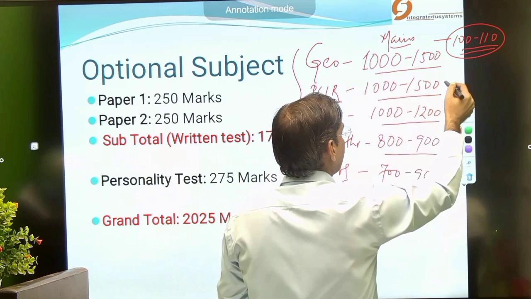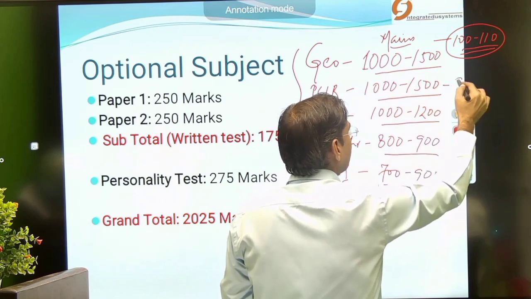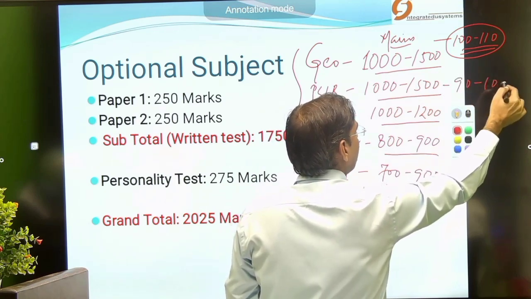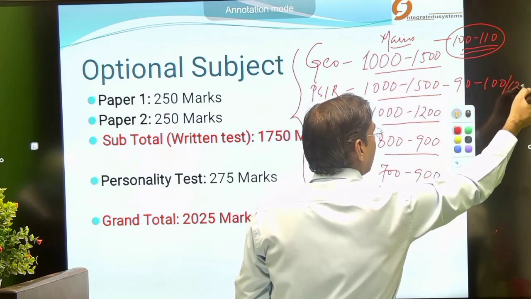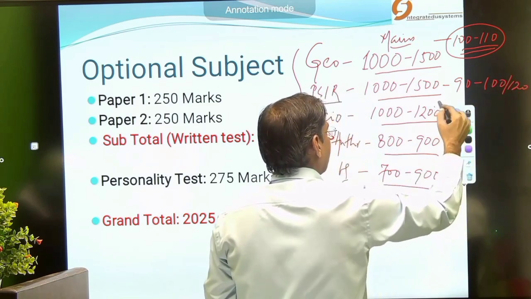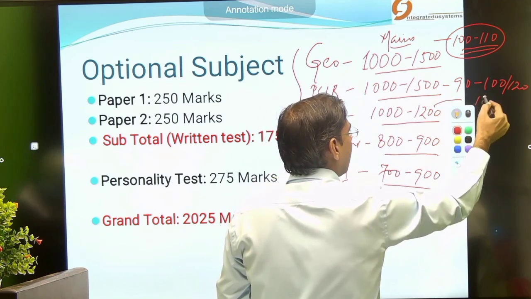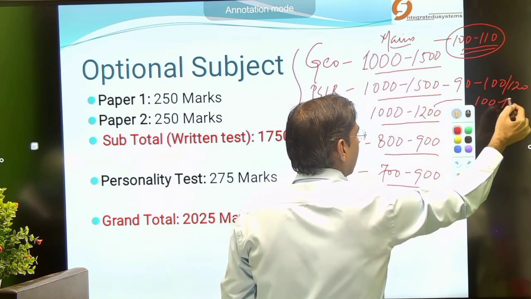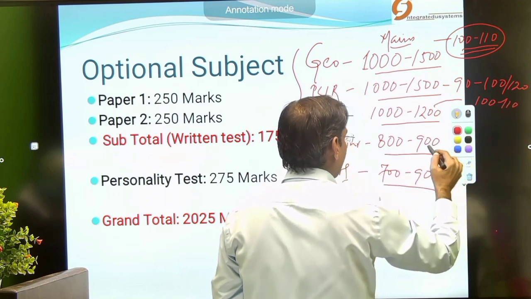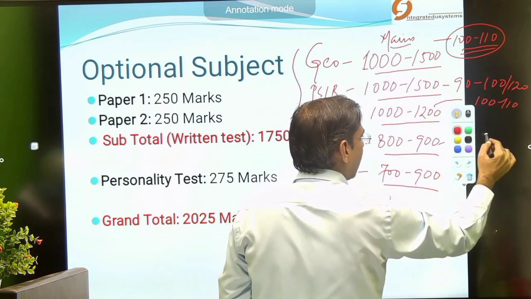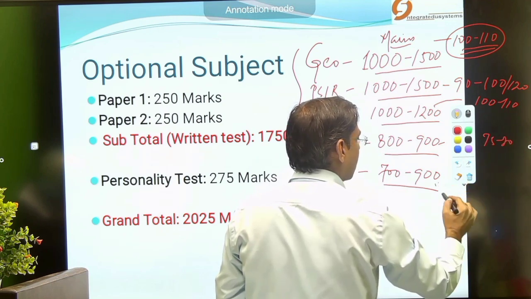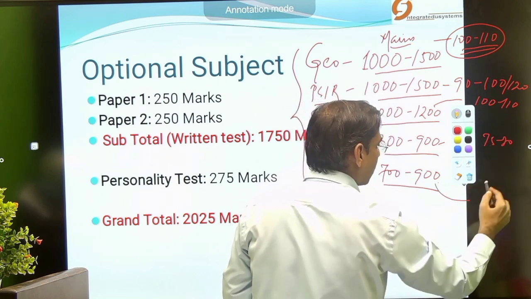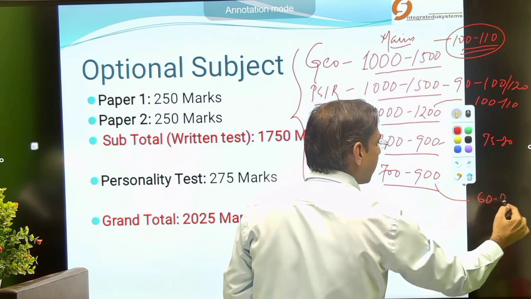When you look at the statistics from PSIR, it is 90 to 100. Somewhere it is more than 110 or 120. From this section again, 100 to 110. From anthropology, 75 to 80. When you look at history, again the ratio is 60 to 80.